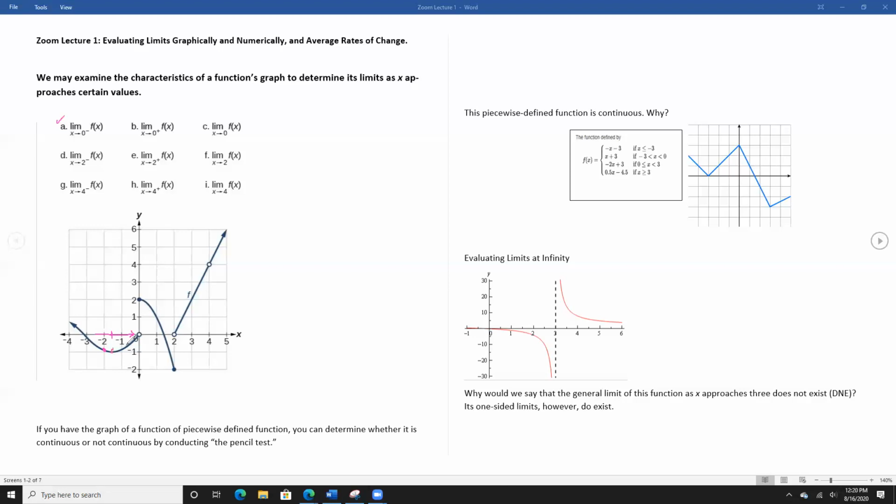And then it starts to increase as x approaches 0 from the left. For example, when x takes on the value -1, we can see that y has gone up just a little bit. And as x gets closer and closer to 0, we can see that y is approaching the value 0. So the limit as x approaches 0 from the left is going to be 0.